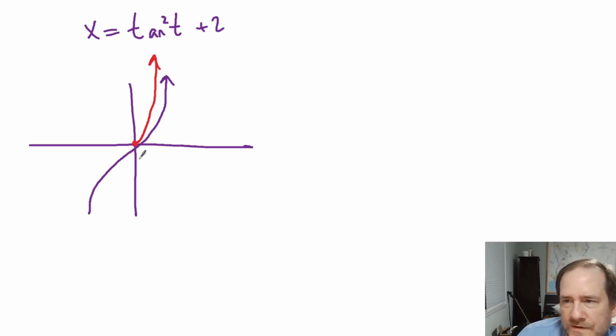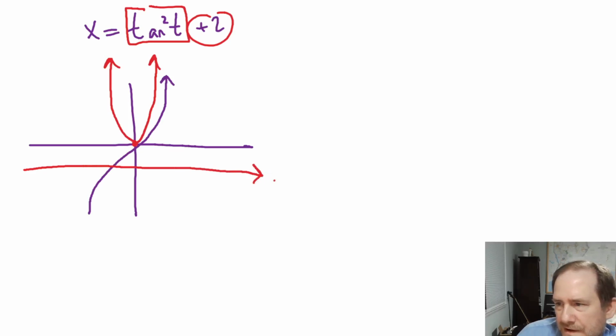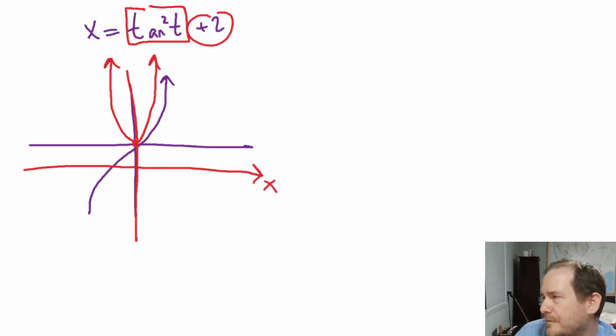But if you square things that are negative, they turn positive. So this whole graph would essentially reflect over the x and then also grow faster. So the tan squared t part is actually sort of forced to look kind of like a parabola. Then of course the plus 2 means that it shifts up to where down here this is now the x-axis, this is the y-axis. And this purple line is 2.